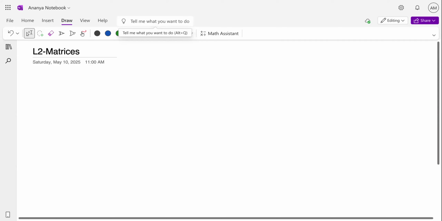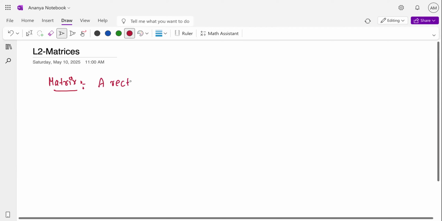Okay. So, what is a matrix? A matrix is basically an ordered rectangular array which has a collection of numbers, or you can say functions, which are arranged in rows and columns. So that's called a matrix. What is it?